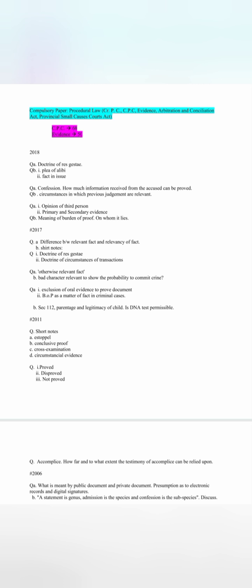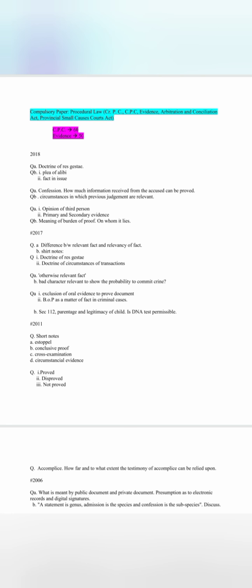So, for example, if we go through the previous questions of Bihar Judiciary Evidence Act, then we'll see that the area of focus of the Bihar Public Service Commission is the definition clause and the relevancy part from section 6 to 55. We'll see that they are focusing more on the concept.